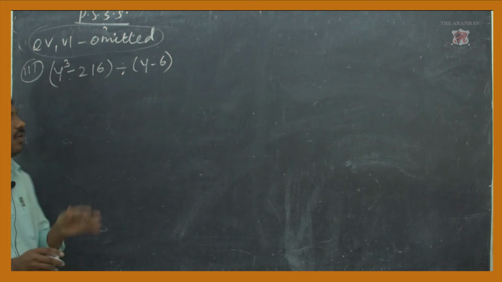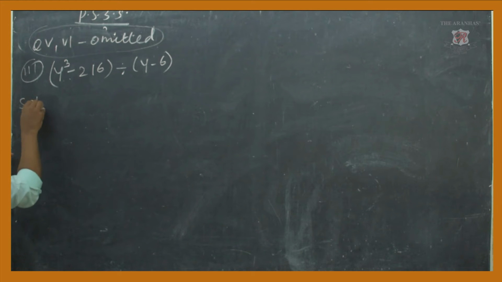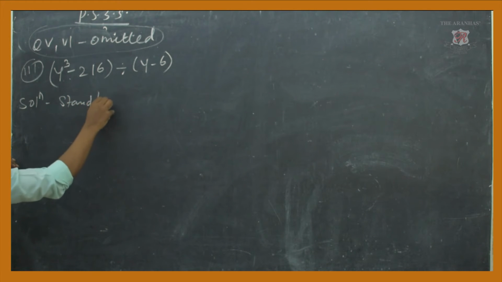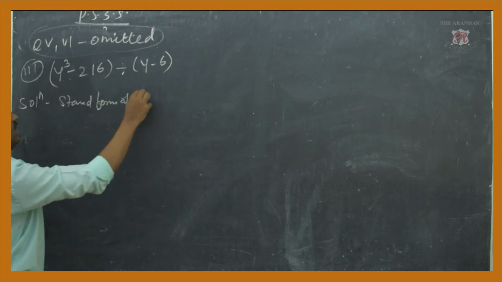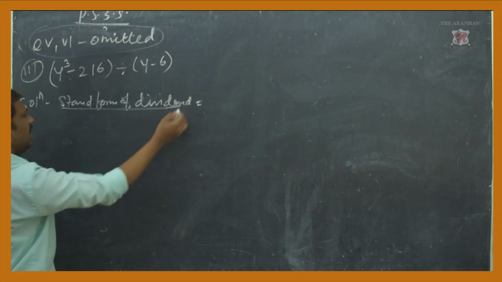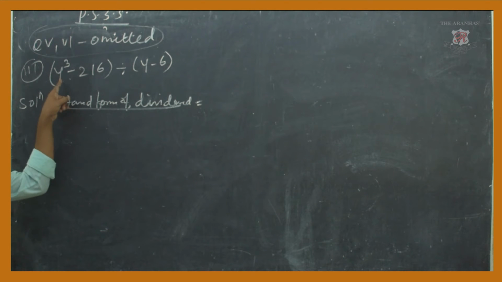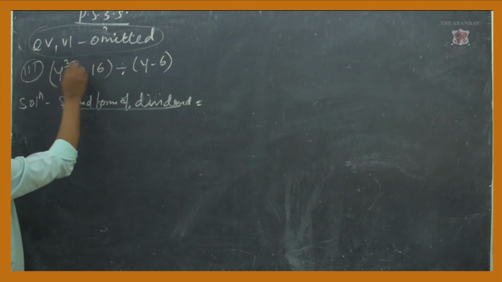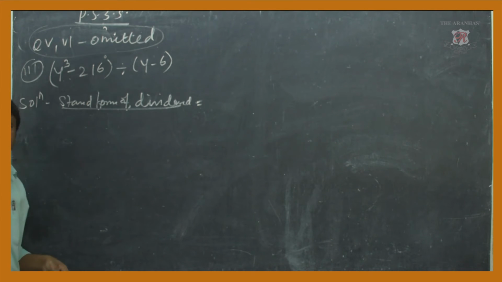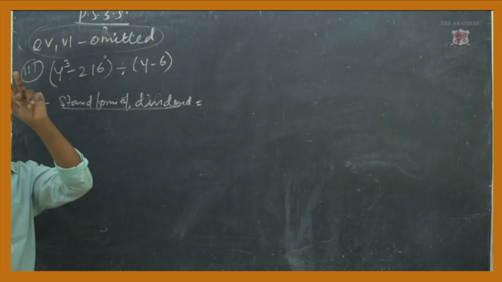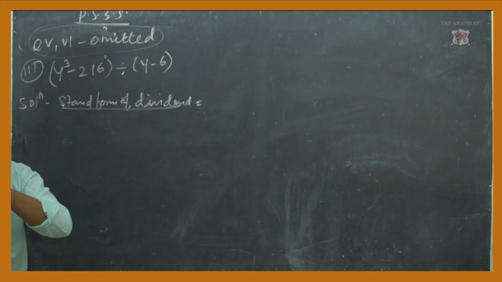Now the first step, in the solution, is to write the standard form of the dividend. The dividend is y cube minus 216, which means after y cube, directly the degree of 216 is 0. So the degree 2 and degree 1 terms are not there, which we have to make.